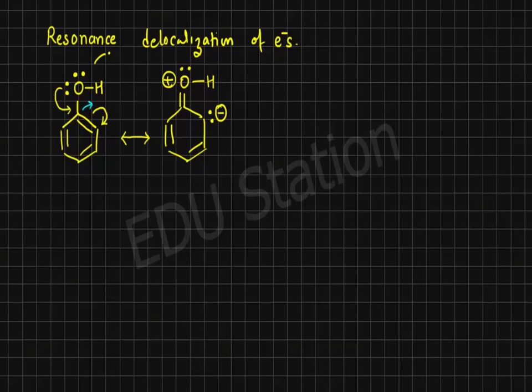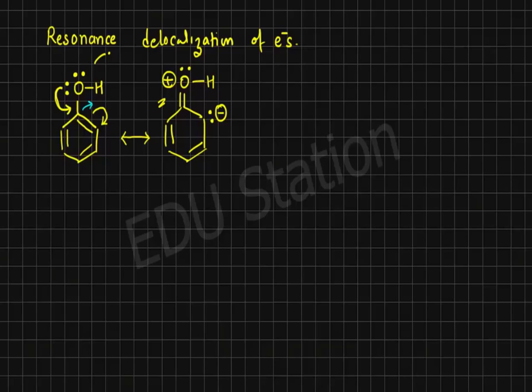Just look at this structure. Oxygen has given its electron over here. So, instead of single, this becomes a double bond, and this pi bond undergoes heterolytic fission. So, these electrons are over here.